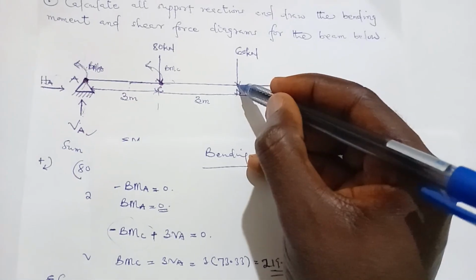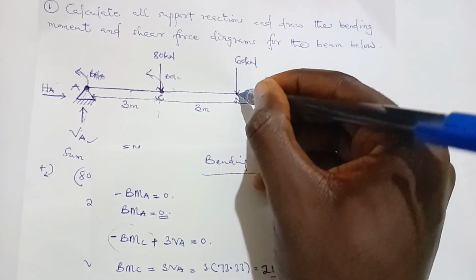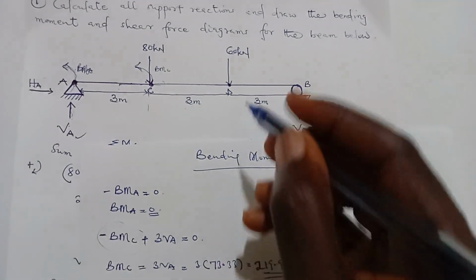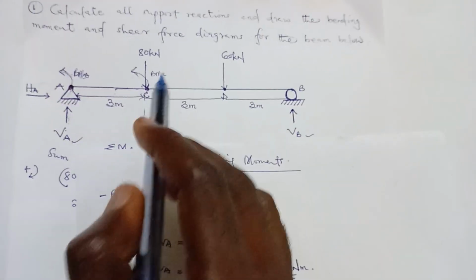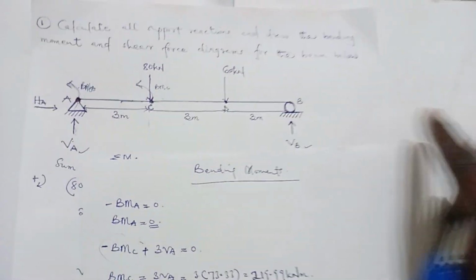Then you use the same idea and calculate for the bending moment at D. So bending moment at D. Okay, so if I take my left, this force will cause a moment, this force will cause a moment. So I can choose to take my right.